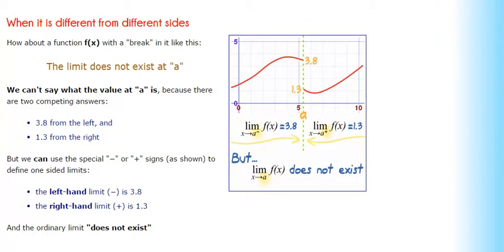When it is approached from different sides, you asked previously about LHL and RHL, that concept. This will tell you where the limit does not exist at A, meaning at this point there is no limit present. When you see this documentation, it makes a very good revision of what we discussed.